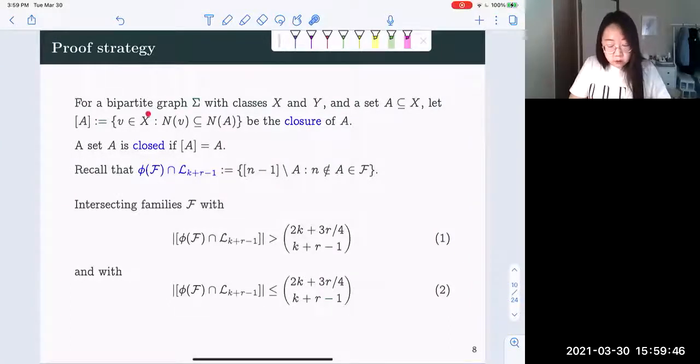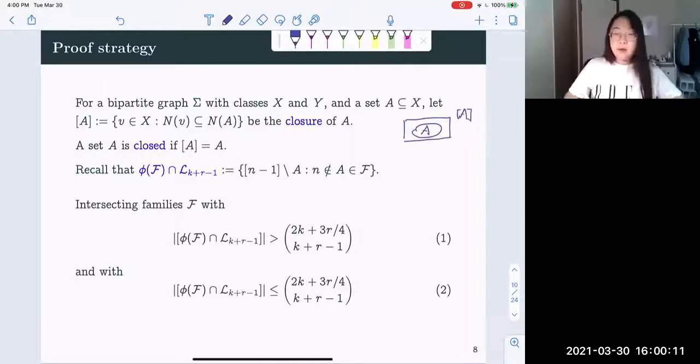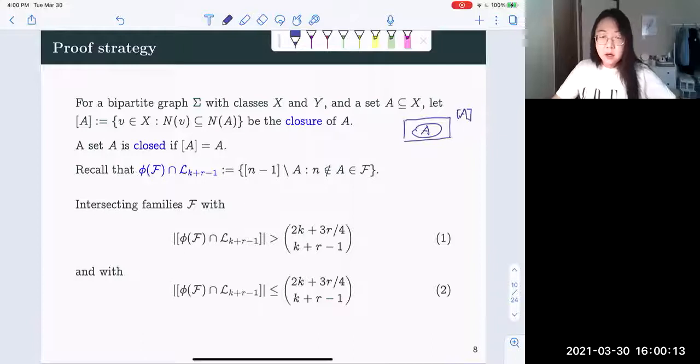For a bipartite graph with classes X and Y, consider a subset A of X. We define the closure of A, which is all the vertices whose neighborhood is contained in the neighborhood of A. So basically, given some A, the closure will be some set which contains A, but perhaps has more vertices. And the set is closed if the closure is equal to itself.